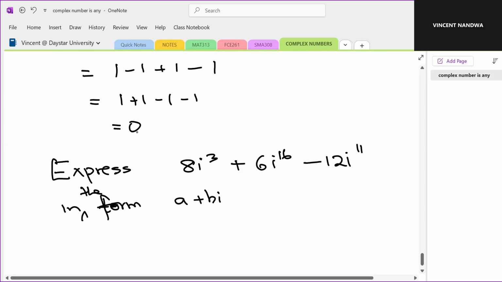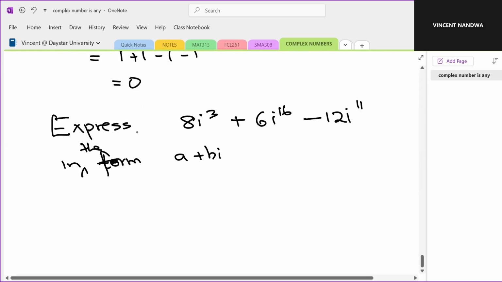So this is 8i power 3 plus 6i power 16 minus 12i power 11, in the form a plus bi.